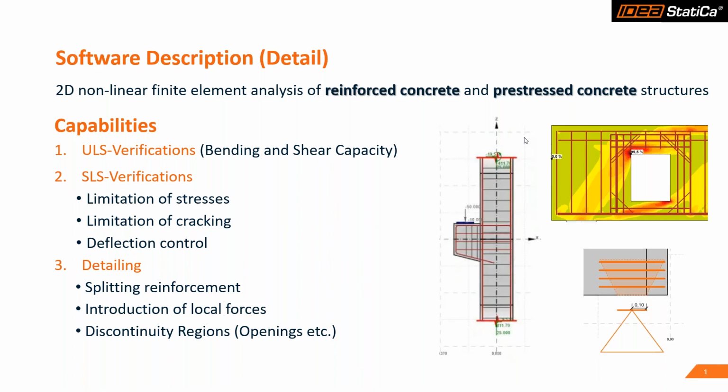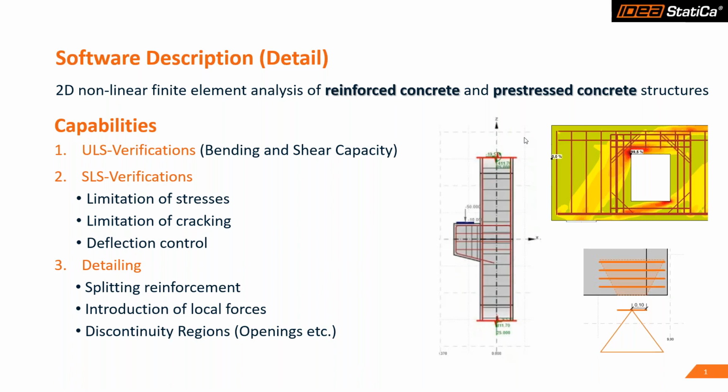Okay, I will start with a short introduction on the program RC Detail, especially for those who hear about the program for the first time. The program Detail is a non-linear finite element analysis program for reinforced concrete and prestressed concrete structures. We can verify the ULS, the ultimate limit state, which means bending and shear capacity.